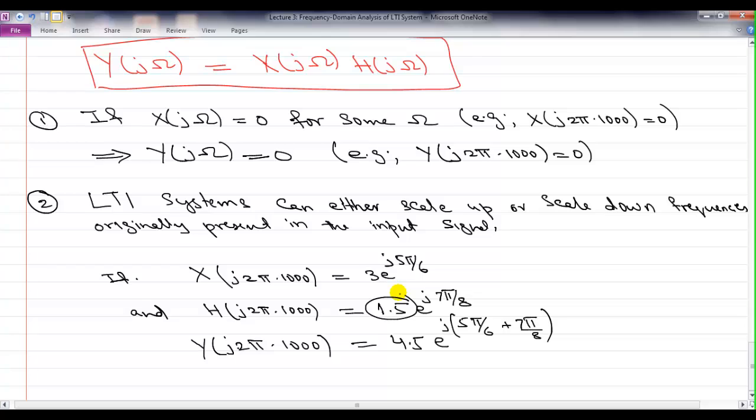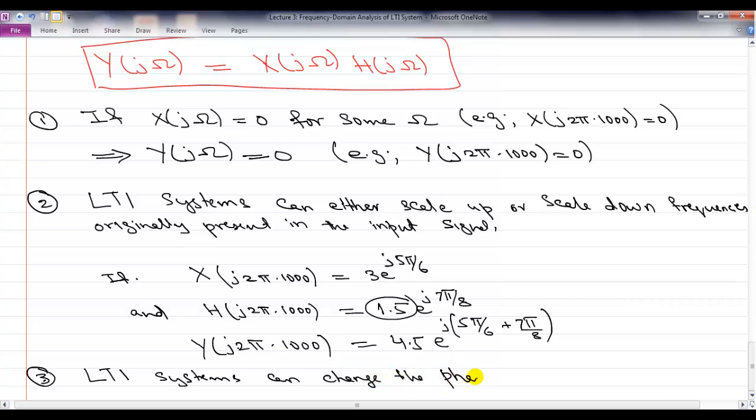Now the third thing, as you can see even from here, is that LTI systems can change the phase of input frequencies. And the example we'll just take from here, right? This was an input frequency with a phase of 5π/6.